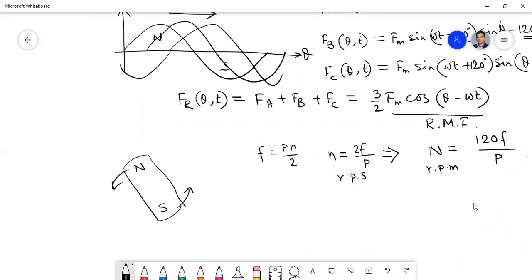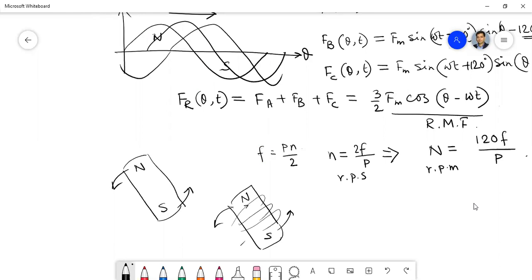Or if you take some iron bar with a coil on it, by that you can produce a fixed north pole and fixed south pole, and then if you rotate that electromagnet, then also you will get a similar rotating magnetic field.